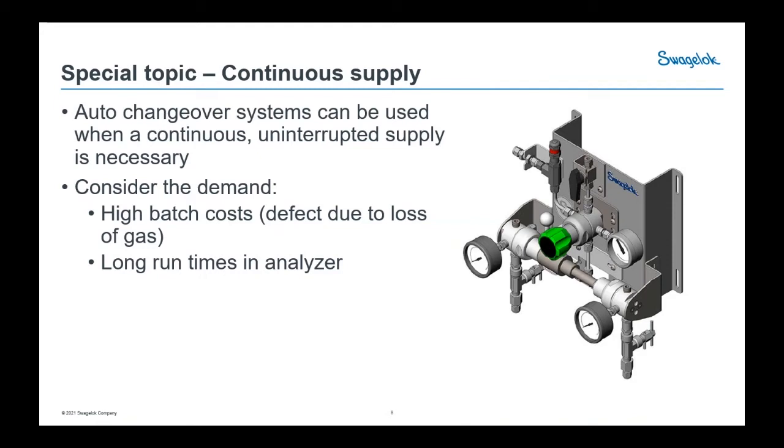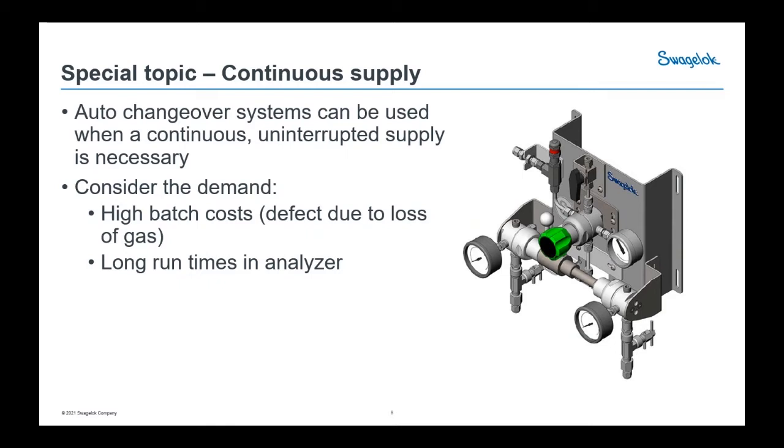So why is this important? It's important to protect any downstream components that have a minimum requirement for pressure. So you've got an analyzer or something that absolutely has to have that 200 psi, and if you're changing cylinders once it runs completely out, that can be problematic. And you might have a high batch cost for the product that you're running, and swapping out a cylinder could cause a defect, or you could lose time in production.